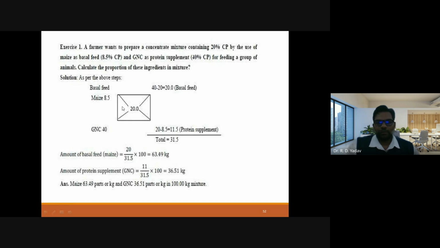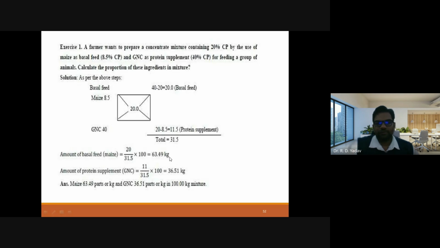So the total protein required is 20. We subtract 8.5 from 20, which gives 11.5 parts for the protein supplement, and 40 minus 20 gives 20 parts for the basal feed, the maize grain. So the amount of basal maize grain is 20 divided by the total. We add 20 and 11.5, which is around 31.5.